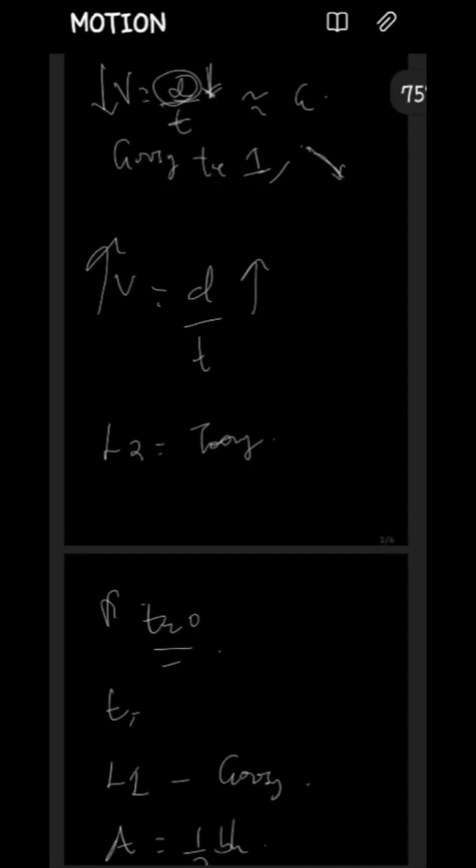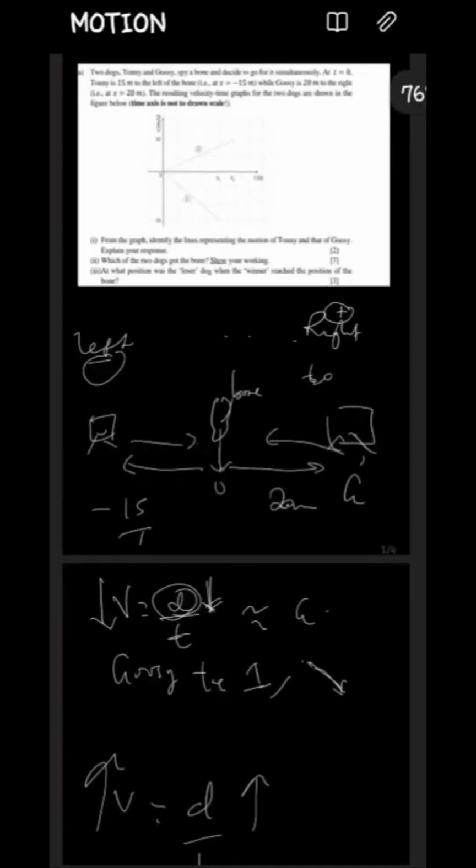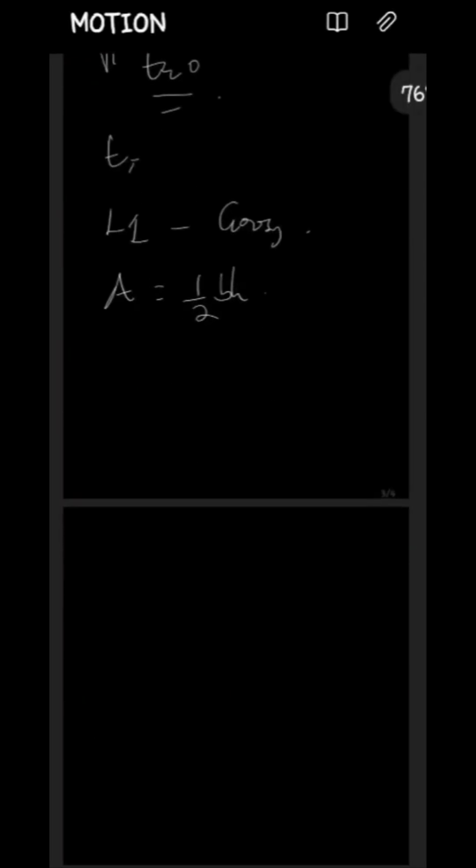So for line 1, which denotes Goosey, we are going to find the area under the graph. It is triangular in shape, so our area, which is going to be our distance, is half base times height. Line 1 denotes Goosey, and 20 meters was the distance Goosey was from the bone.